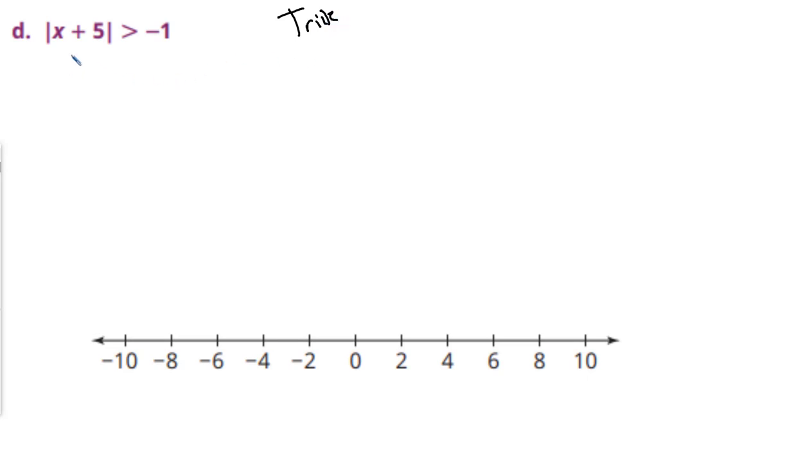Actually, let's cover that part at the end, and we'll talk about it a little bit at the end. So we have the absolute value already on one side, on the left-hand side. So you have the absolute value of x plus 5 is greater than negative 1. It's greater, so that means it's "or." Change all my signs.